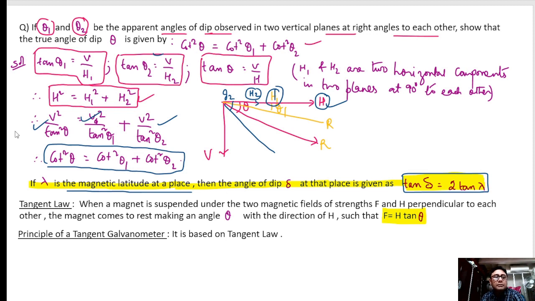Next, we are dealing with the tangent law. So what is the tangent law?